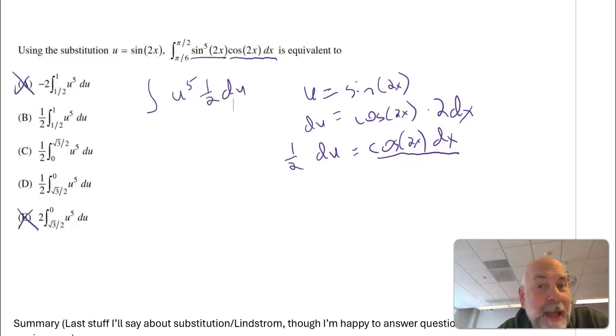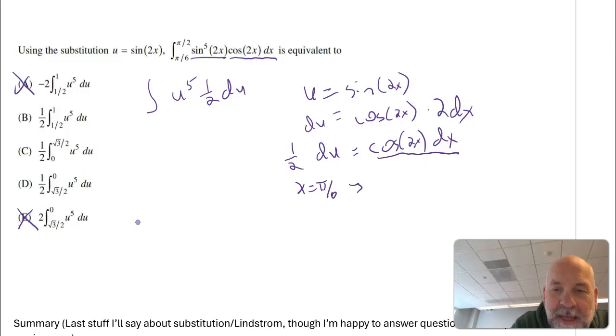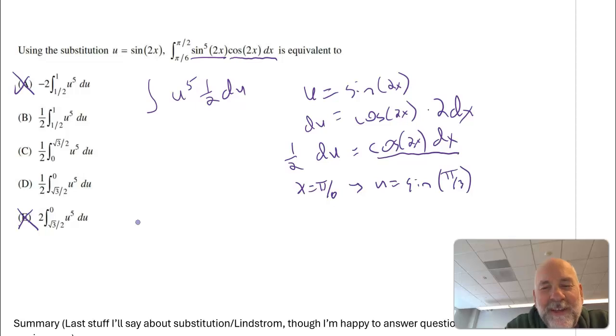But now I got to check my bounds and make sure my bounds are right. So when x is pi over 6, then u equals sine of 2 times pi over 6, so that's pi over 3, which is square root of 3 over 2. Oh, this is basically like a trig value exercise here.